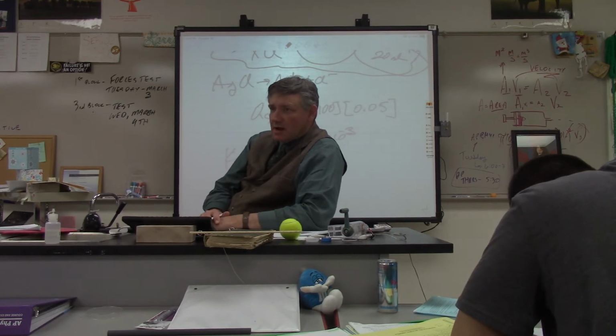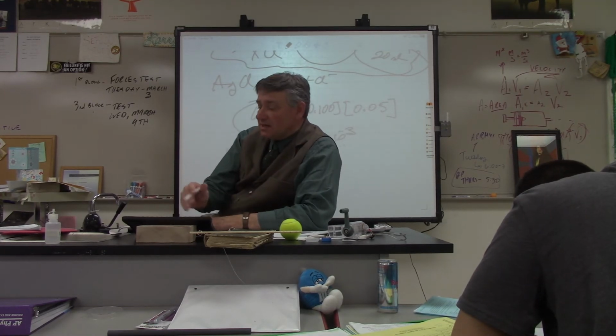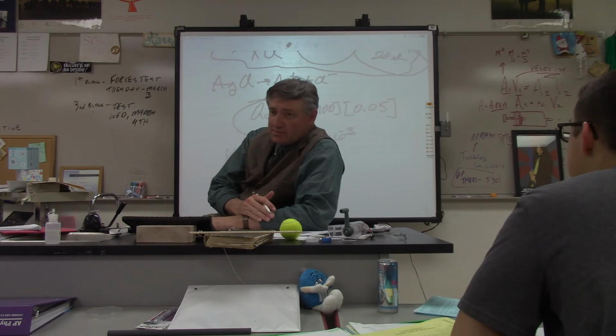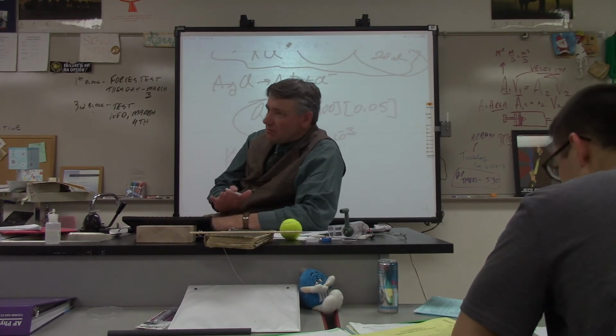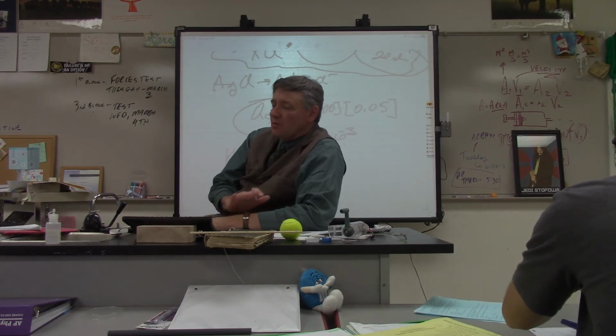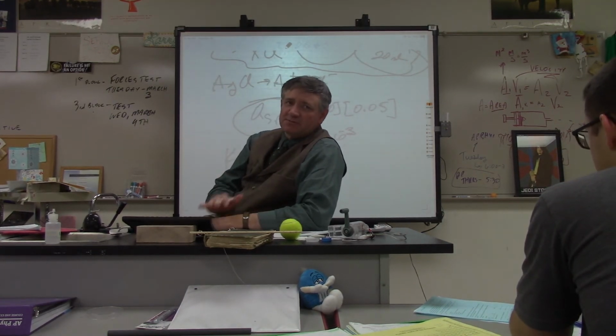It will precipitate. It will or won't? It will, because Mother Nature wants to get that QSP equal to the KSP. So Mother Nature's going to sit there and go, whoa, whoa, whoa. We got way too many ions in this solution. Some of you are going to have to form a precipitate because I can't handle the situation as it is now.